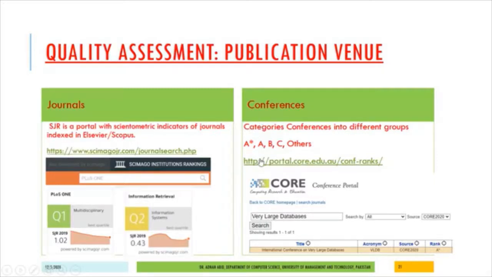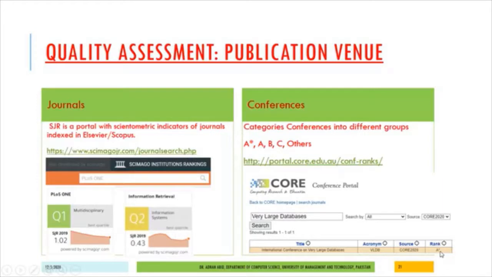And in terms of conferences, we have the CORE ranking conference. CORE stands for Computing Research and Education conferences, being rated for several years. So we just write the name of a conference, International Conference on Very Large Databases, which is one of the topmost conferences in the area.